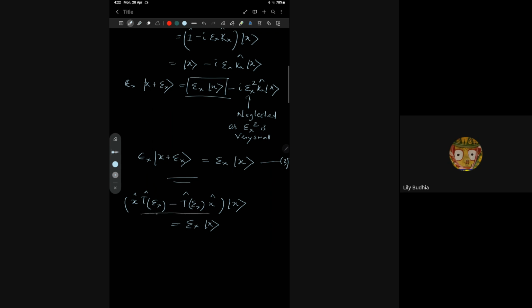But this part is nothing but the commutator bracket, which is essentially equal to x t epsilon x commutator. That will be equal to epsilon. So what exactly is happening? The commutator is basically giving you the small change in translation.